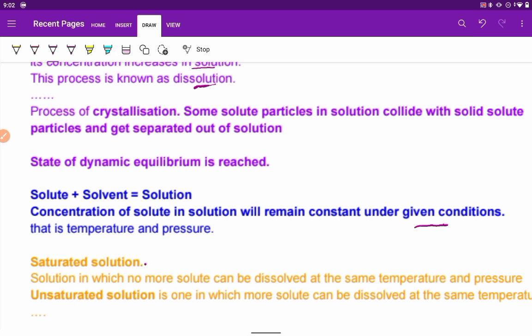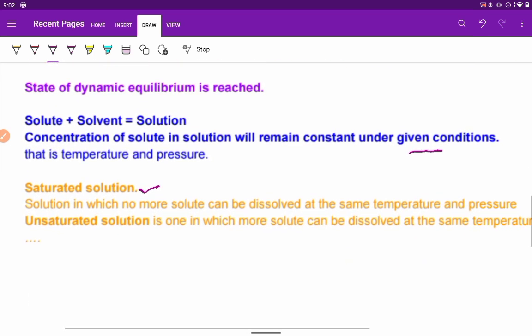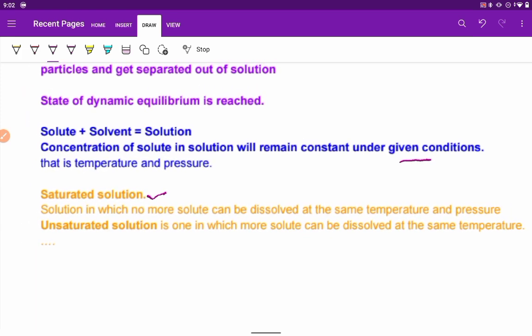Now let us see a new term, saturated solution. Now see, when solute is dissolving, we get the solution, but we have a solution in which no more of the solute can be dissolved at the same temperature and pressure.